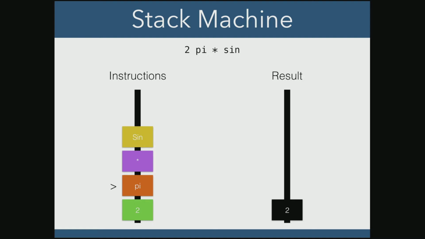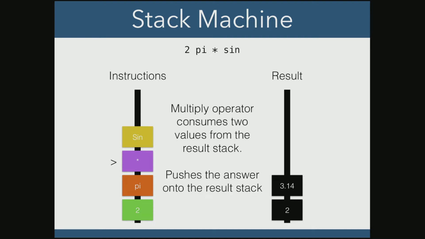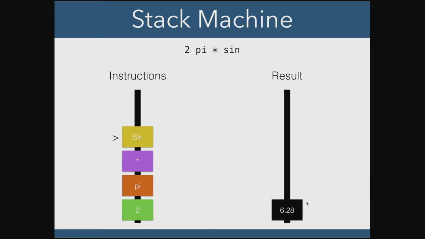Pi is just pi. It's 3.14159, etc. So I just push that onto the result stack. I now encounter the multiply operator, and that consumes 2 values from the result stack, this 2 and this 3.14, multiplies them together and pushes the answer onto the result stack, and you get 6.28.